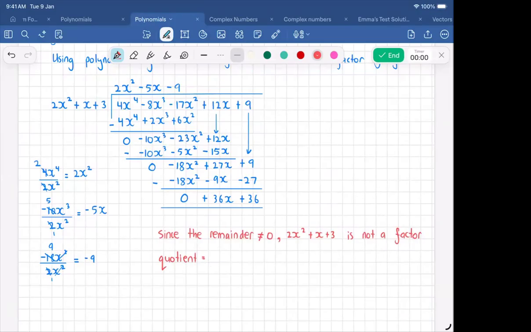Somebody tell me, what was the quotient? 2x squared minus 5x plus 9. Minus 9. Okay, that's why I said plus 9. What was the remainder? 36x plus 36. 0 plus 36x plus 36.